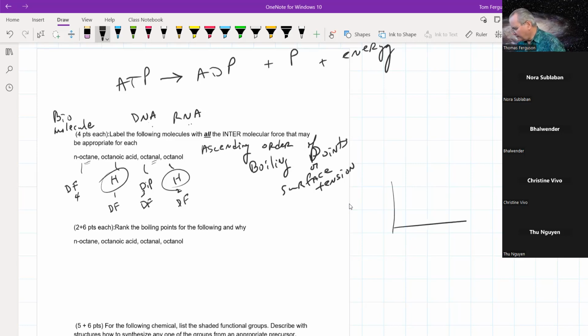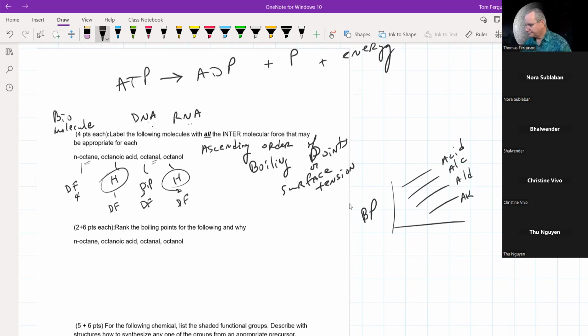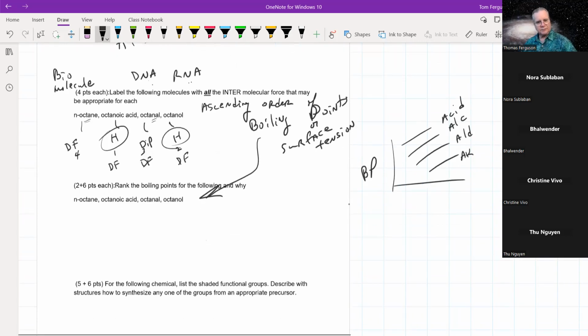Remember that graph that they had? We had alkanes, aldehydes, alcohols, and then acids, as far as boiling point goes. So this question would be more in line with what would be on our test.